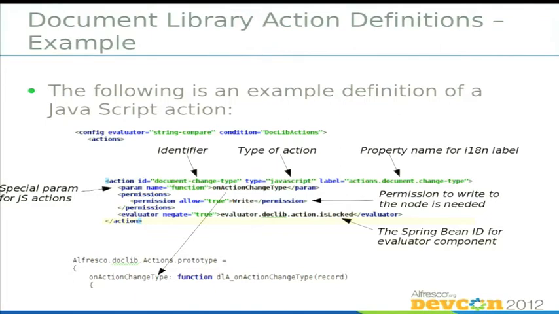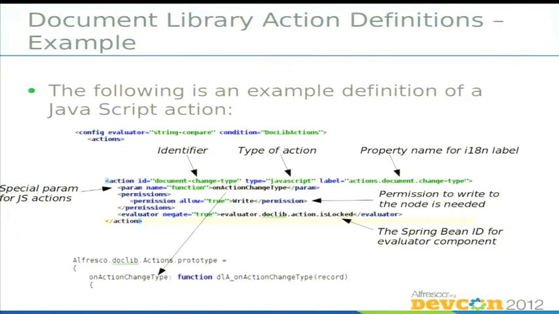Now, how does this definition look like? So you're going to have the Doc Lib Actions main section, and then under the subsection Actions, you're going to have an action definition. Like a repo action, it has an identifier. We're going to use that identifier again, so it's important. Type specifies JavaScript, link or page link.